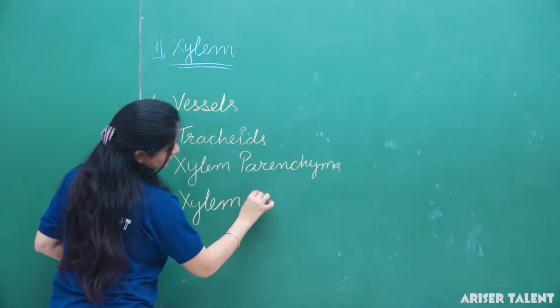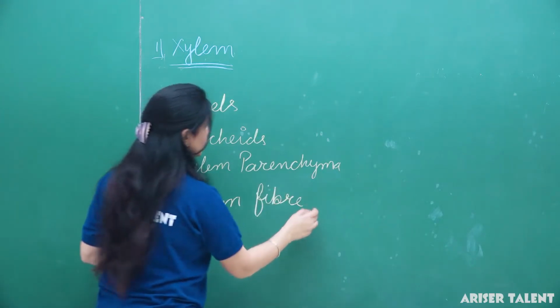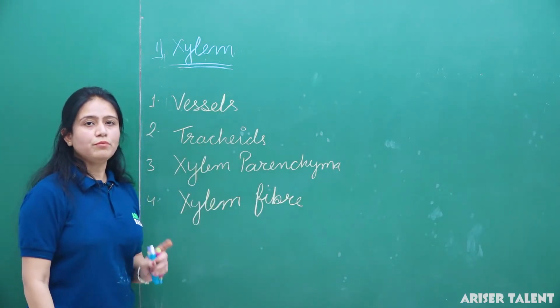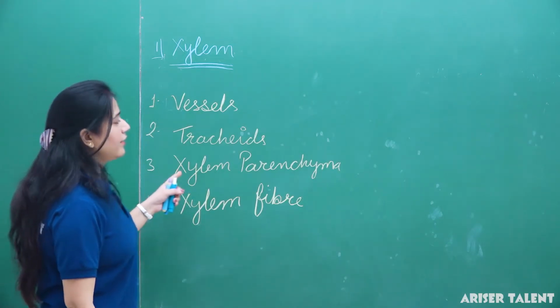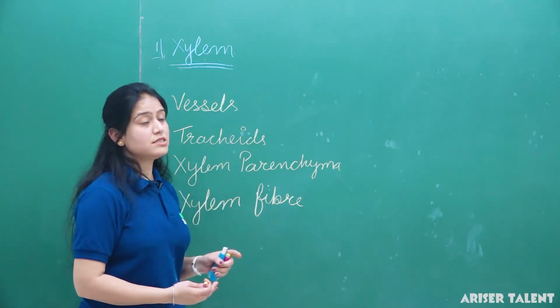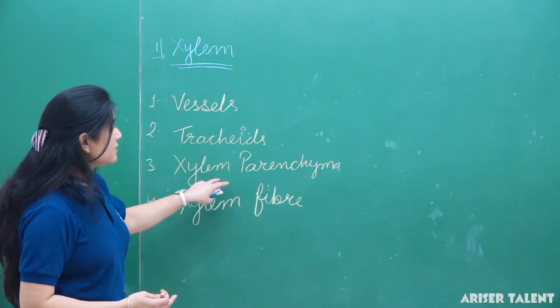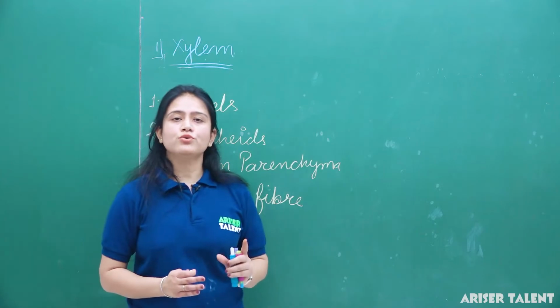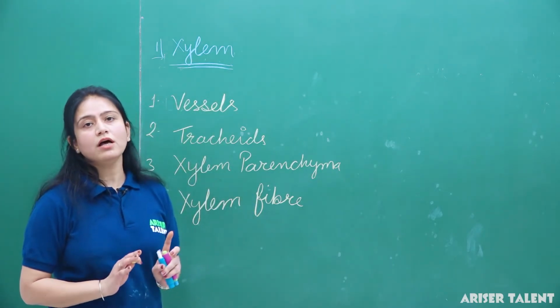Vessels play the important role of water transport in the xylem tissue. Tracheids are found next to the vessels and give support to the tissue or plant. Xylem parenchyma helps in storage of food, and xylem fiber gives strength to the plant.